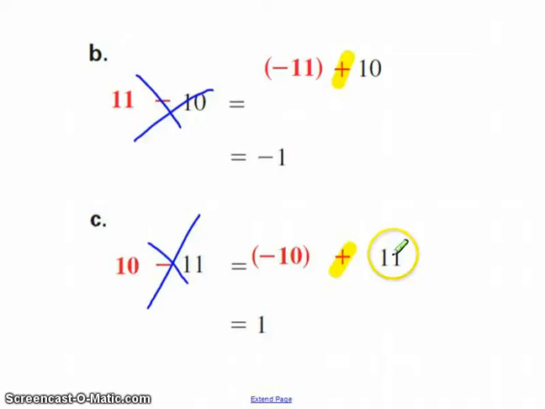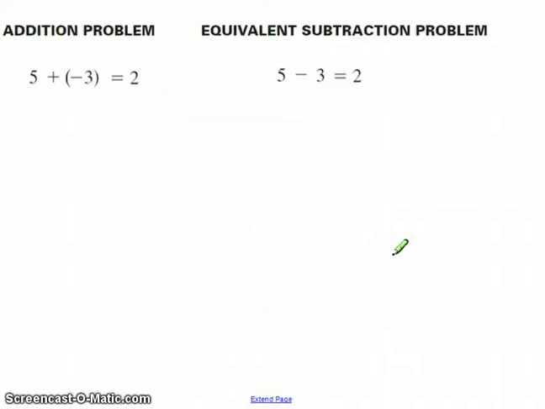In fact, let's look at one more example just to prove the point. This is that very first example that we talked about tonight. 5 plus negative 3 equals 2. It's the same thing as 5 minus 3, because that's also 2. But here I'm allowed to change the order. Negative 3 plus 5 is still 2.